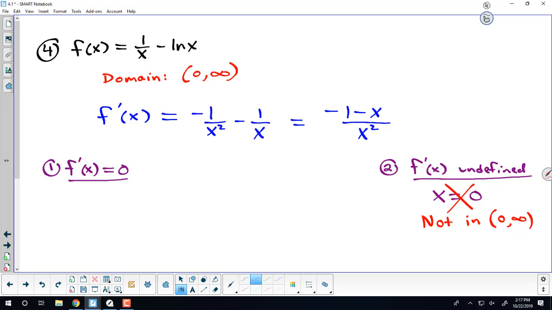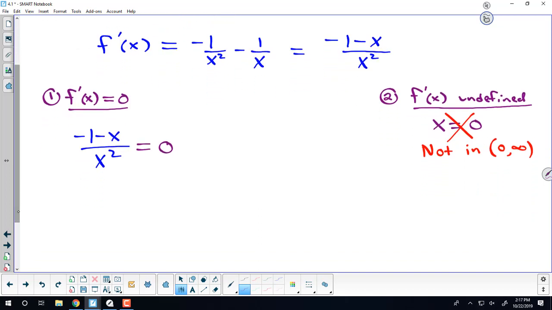When does the first derivative equal 0? When x equals -1. Yeah, so again, a fraction is 0 only when the numerator is 0. Is that a critical point?